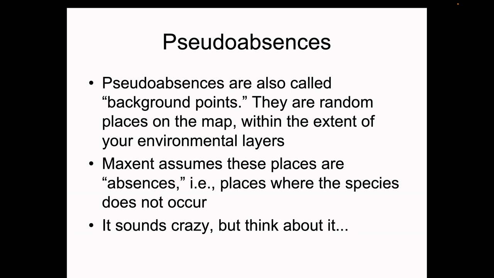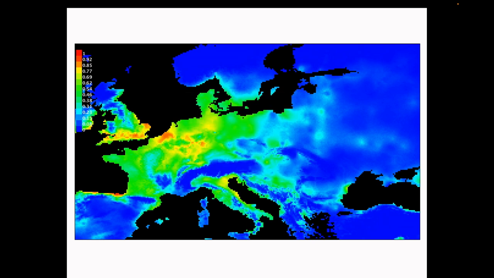And it's easier than having to gather a bunch of absence points. In the end, from Maxent, you get a forecast. It's not a forecast like in the future we expect blah, blah, blah. This is a forecast in the sense of taking your limited data points and, based on the environmental layers that you supply to the software, looking at the relationship between the data points and the environment, and forecasting other areas that have similar environments, places that have more suitable habitat for the species.